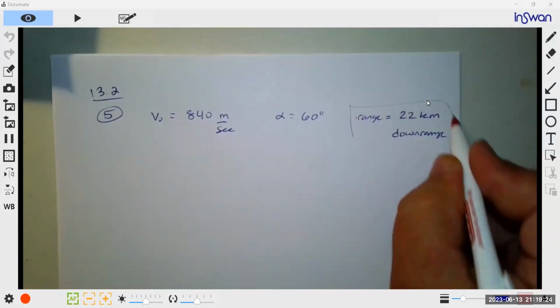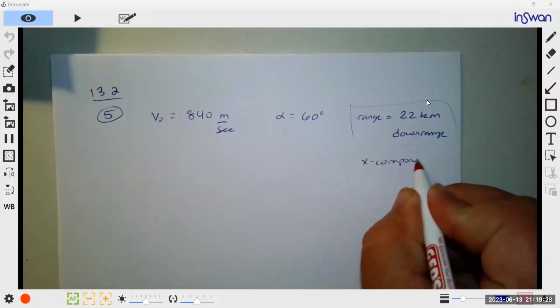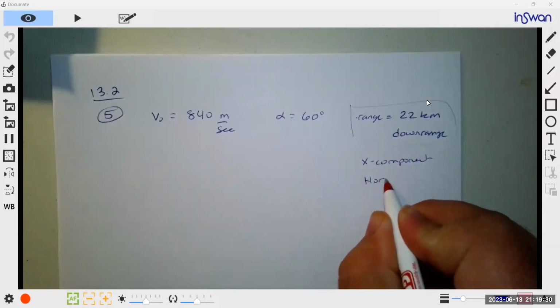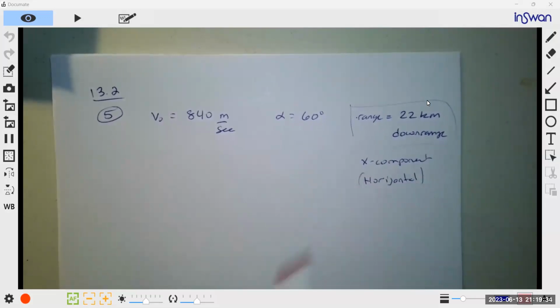This tells us that we're only looking at the X component, the horizontal, of our projectile. All right, so what do we have?